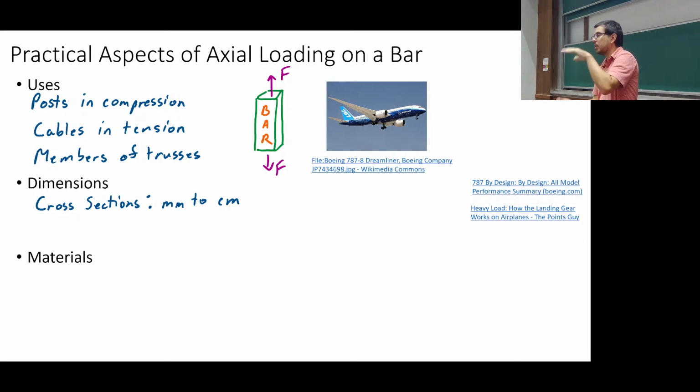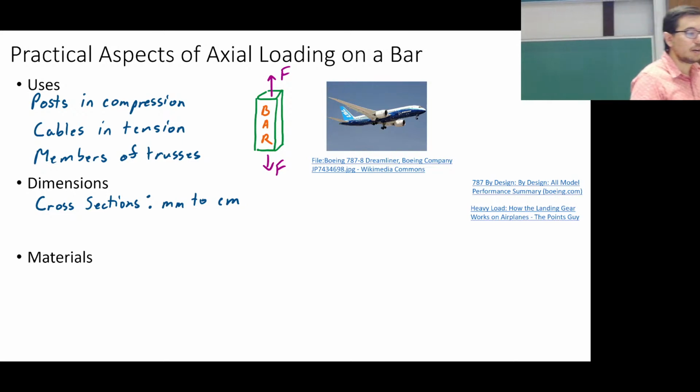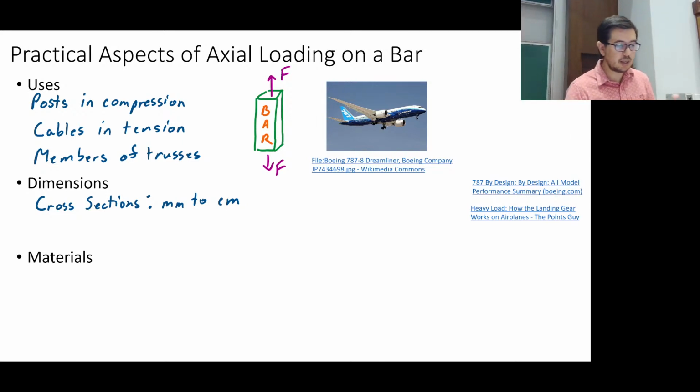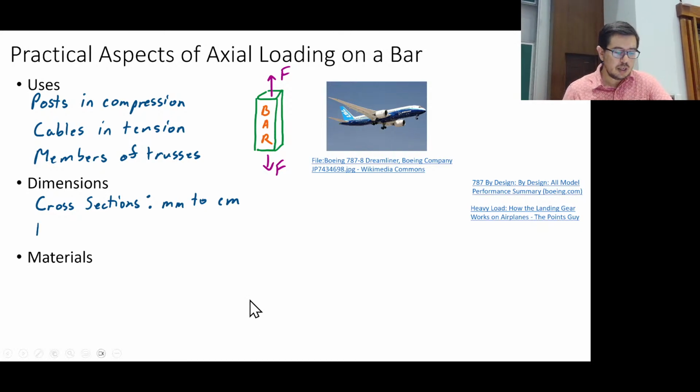That's typically how we think of bars. If you set something on a plate, you can still think of it as a bar, but that's more of a plate than a bar. So the lengths are going to be longer, centimeters to meters.